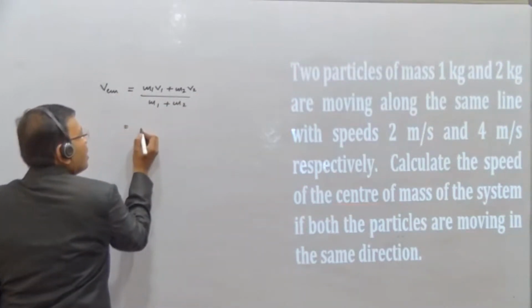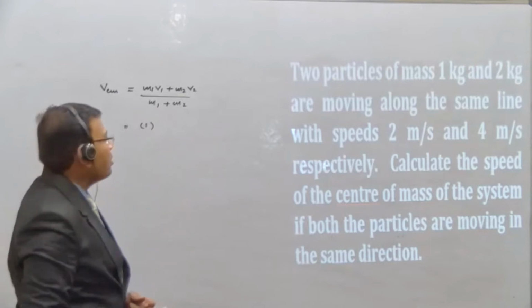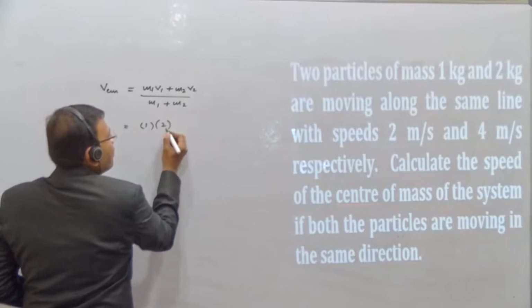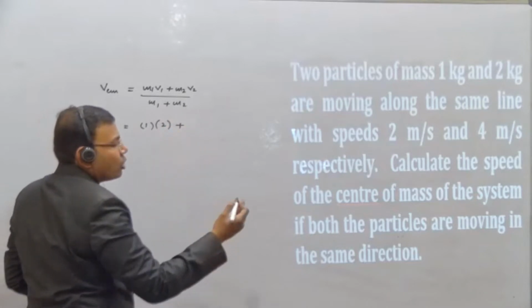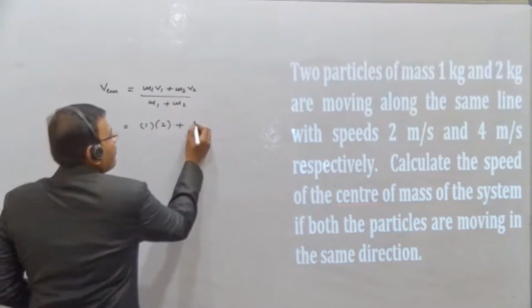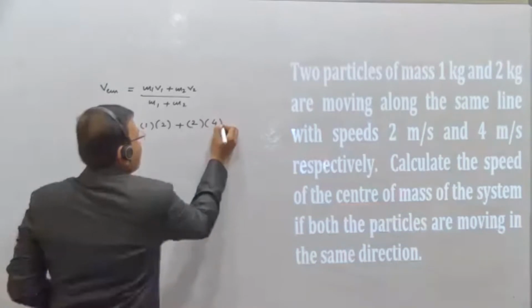So m1 is 1 kg. As per the question, 1 kg and 2 kg masses are given. 1 kg, and its velocity is how much here? 2. Plus, why am I taking plus? Both are moving in the same direction. m2 is 2 kg, and its velocity is how much? 4.